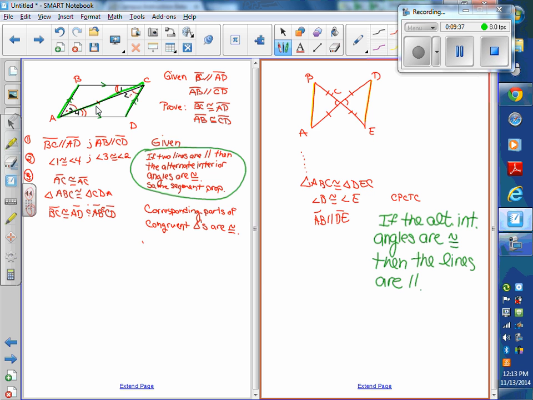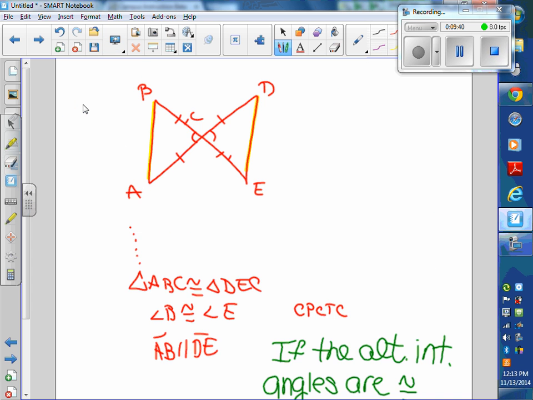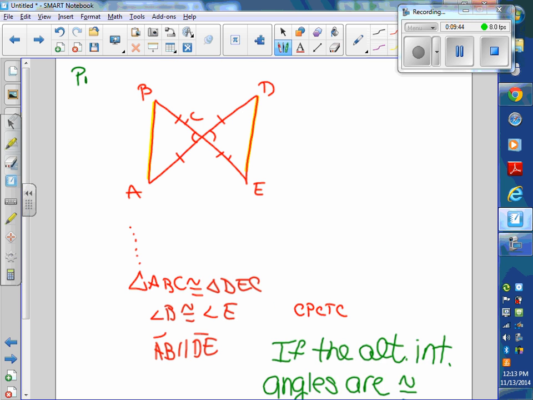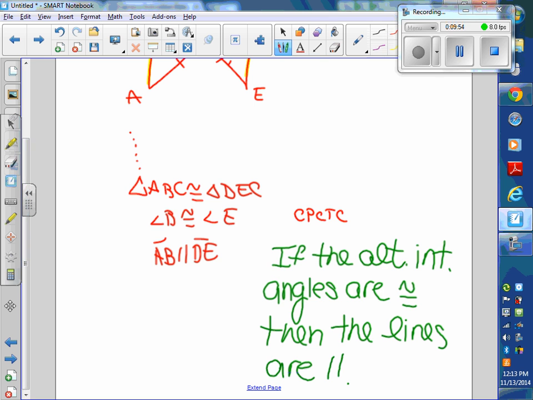So look at the difference in the two problems. Here, if we were trying to prove AB is parallel to DE, and I know I skipped the beginning of the proof, then we have to show that the alternate interior angles are congruent. So that comes first. Since the alternate interior angles are congruent, then the lines are parallel.